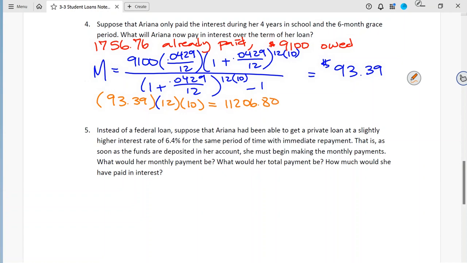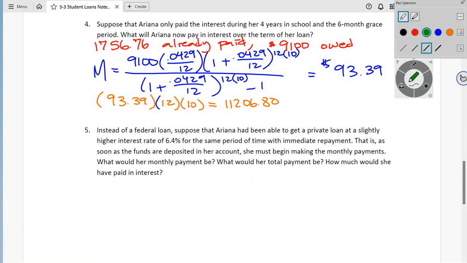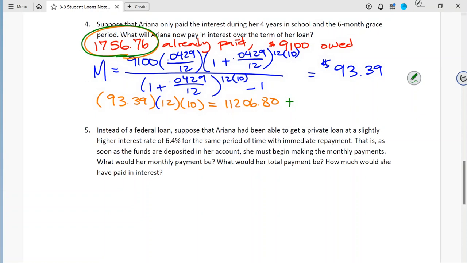$11,206.80. Okay? Now, I'm going to keep in mind the fact that she has already paid this amount in interest, right? While she's in college, she's still paying that amount. So I'm going to add that back to how much she has paid in total for this loan. So plus 1756.76, which gives you a total amount that she has paid of $12,963.56. Okay, so she's now paid almost $13,000 for this loan.